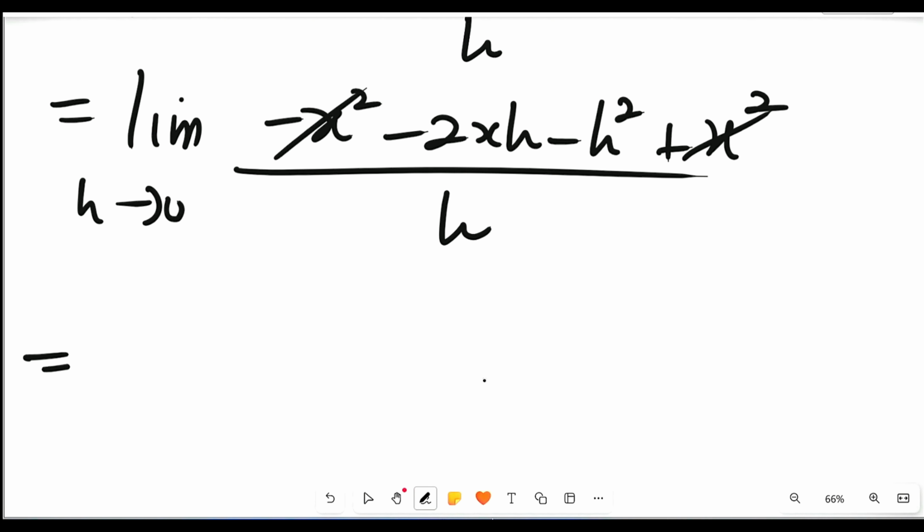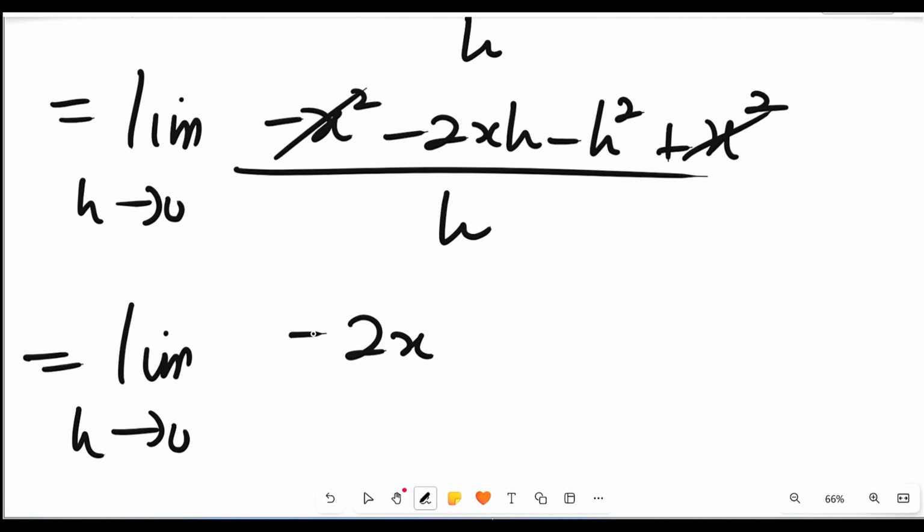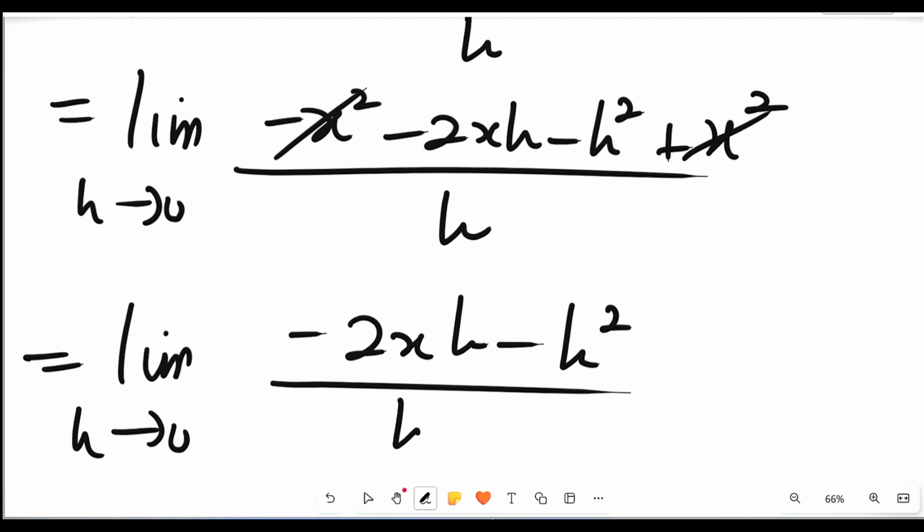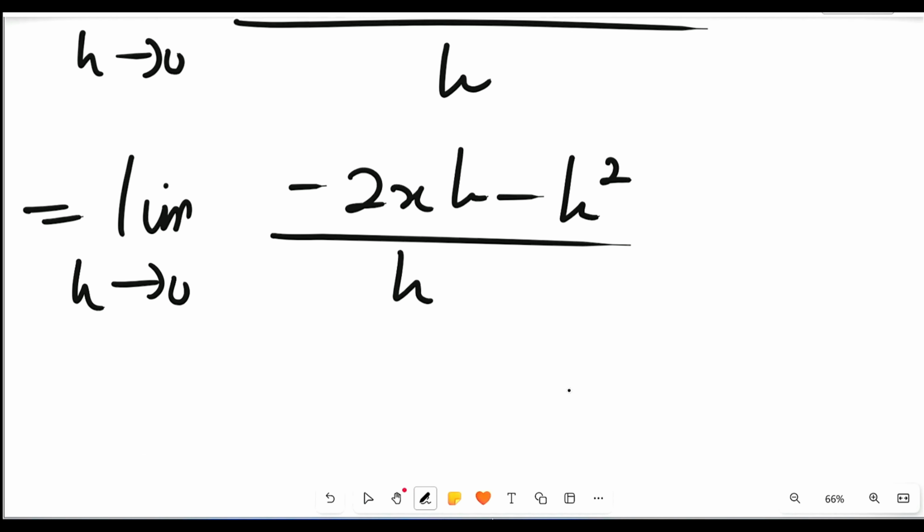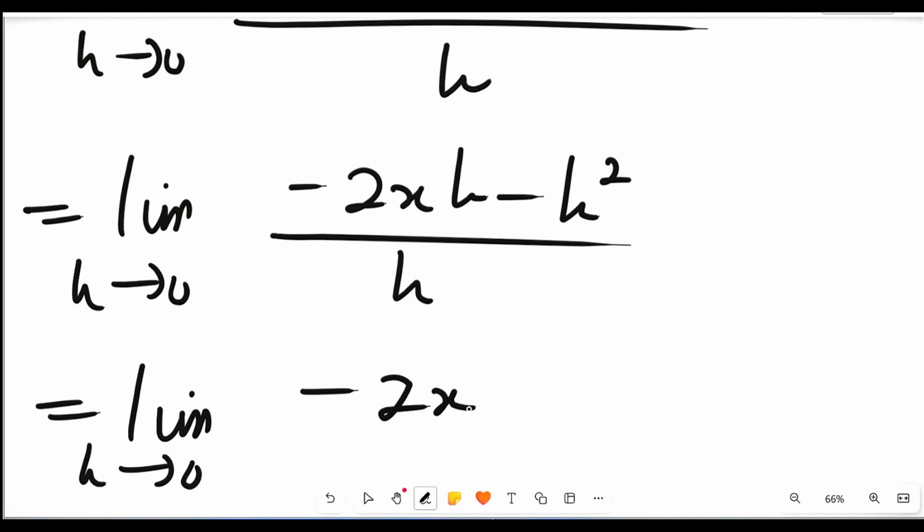So we continue to get the limit as h approaches 0 to be negative 2xh minus h squared, all divided by h. So we can now simplify where h will divide each of the terms in the numerator, and that will give us the limit as h approaches 0 to be negative 2x minus h.